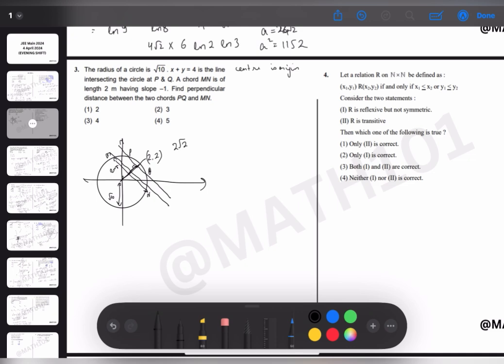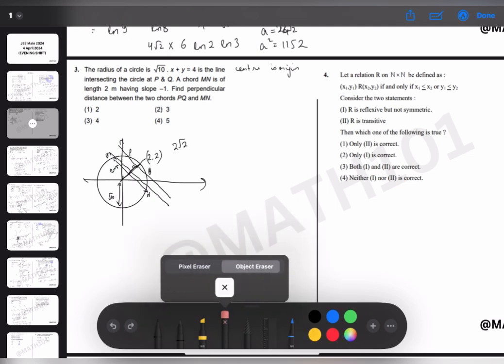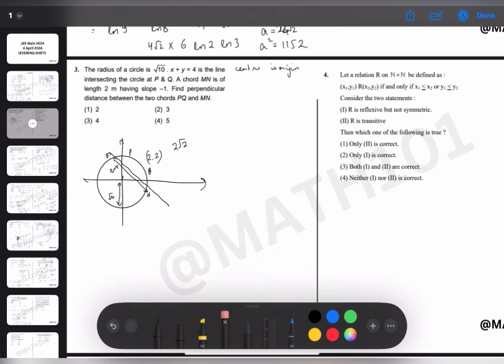And for MN we are given the length is 2 meter. This is 2 meter. The radius is root 10. This is the length we need to find. So this is 1 meter. This is root 10. So this perpendicular distance becomes 3 meter.